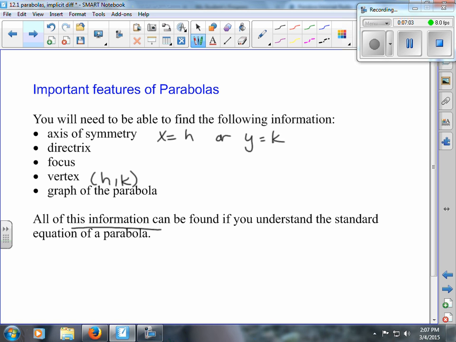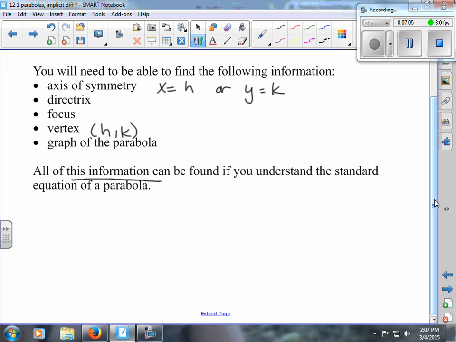So here's the standard equation of a parabola. It is going to be one of two things. Either (y minus k) squared equals 4p times (x minus h).